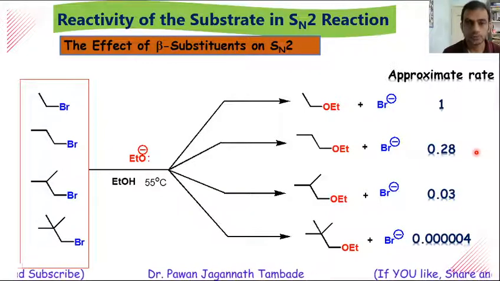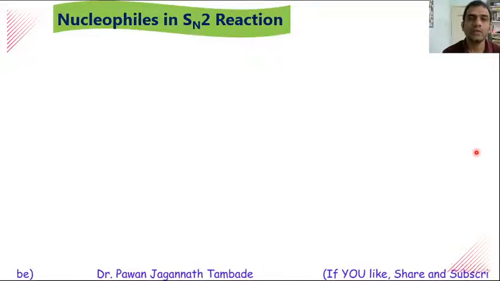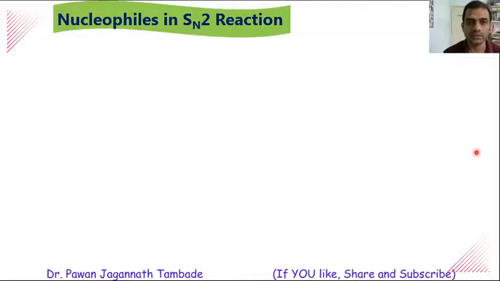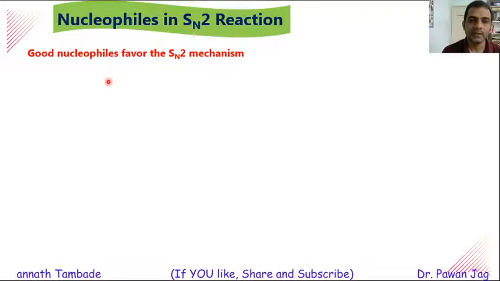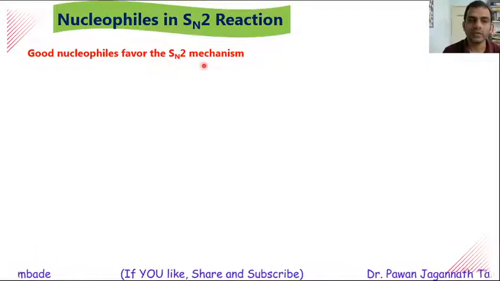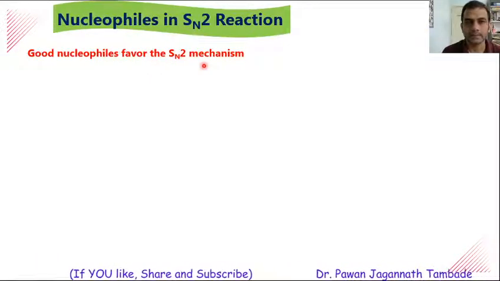Right, now we will see nucleophiles in SN2 reaction. What is the role of the nucleophile in SN2 reaction? Please remember that a good nucleophile always favors the SN2 mechanism.